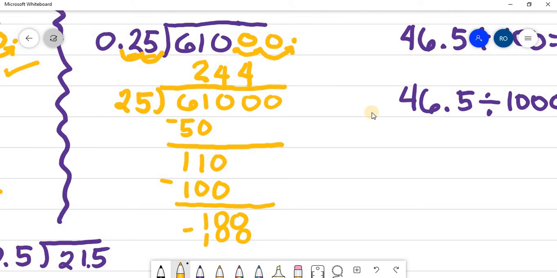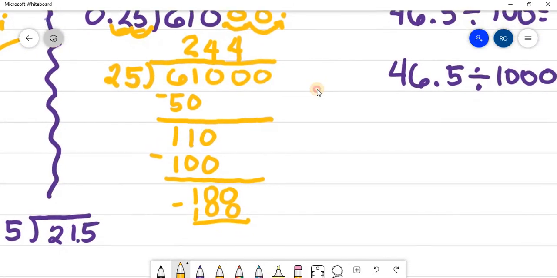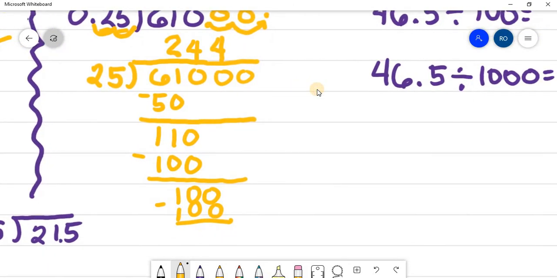Let's subtract, 100 minus 100 is 0. Okay, and let's bring down another 0. So we have 0 divided by 25 is 0. And 0 times 25 is 0.